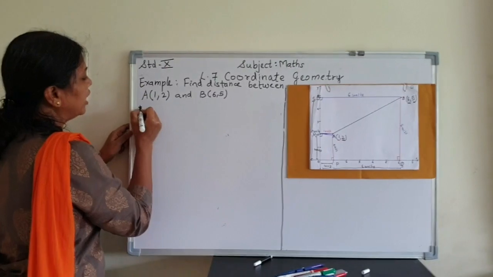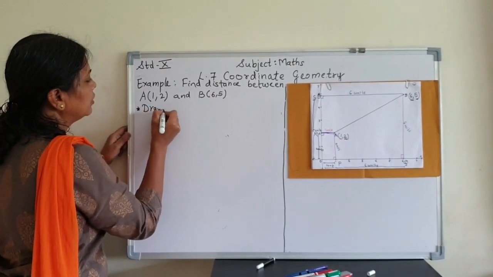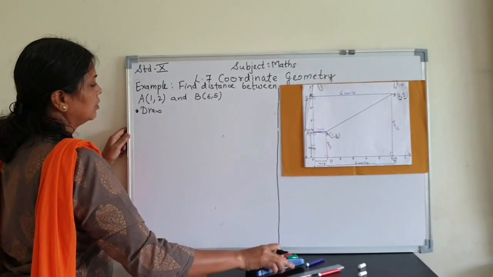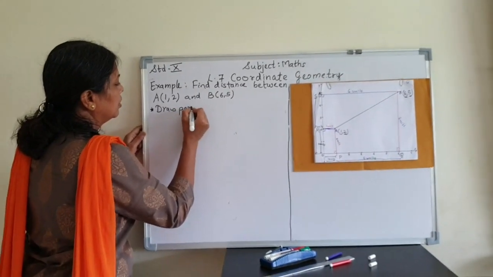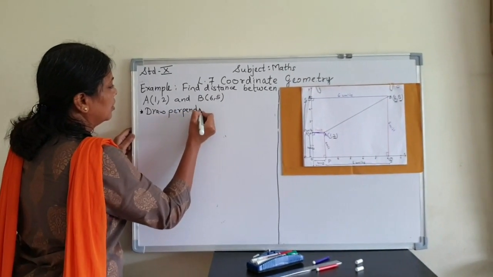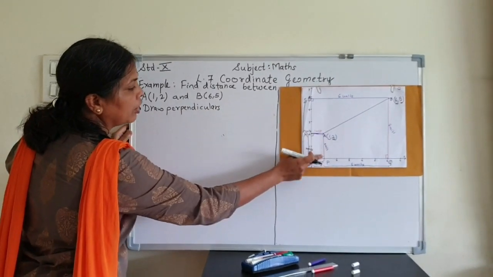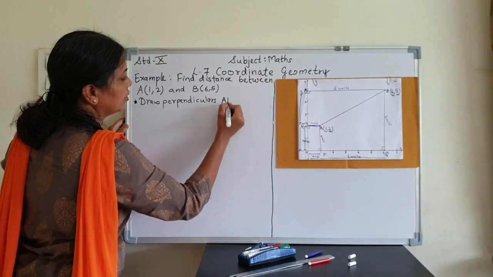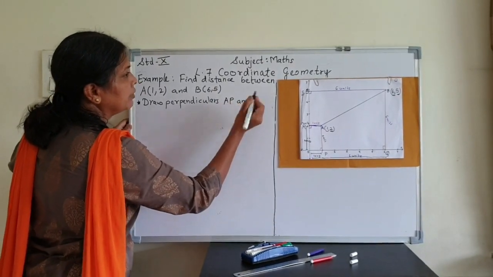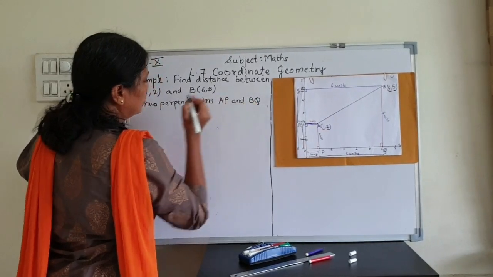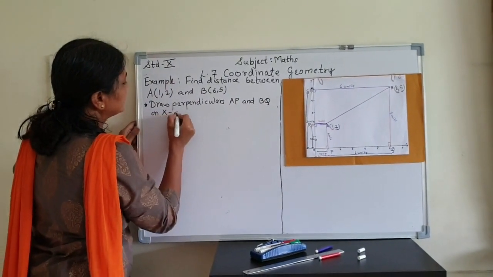For that, what we have done first? We have drawn perpendiculars AP and BQ on x-axis.